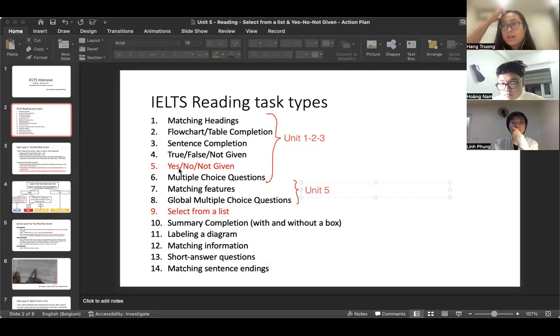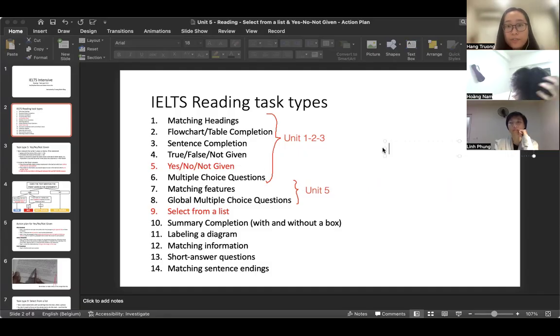That means that it doesn't present information as dry facts like last time when we worked with true, false, not given. So now we have to have a bit higher level of reading and be able to identify the different nuances that are implied and not explicitly stated in the text.